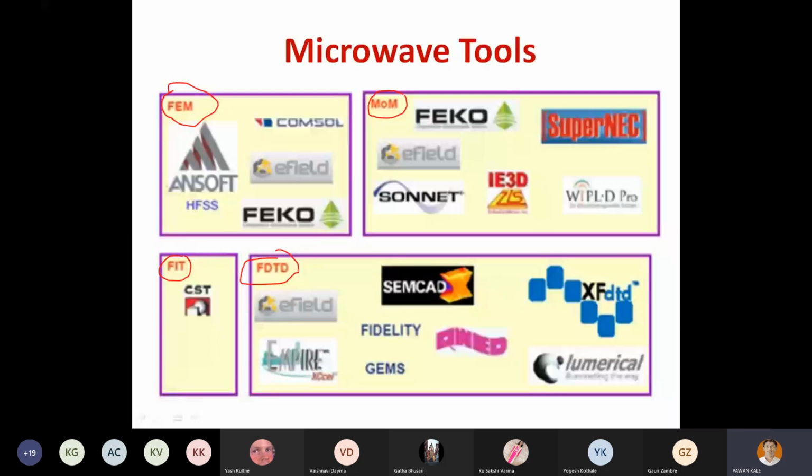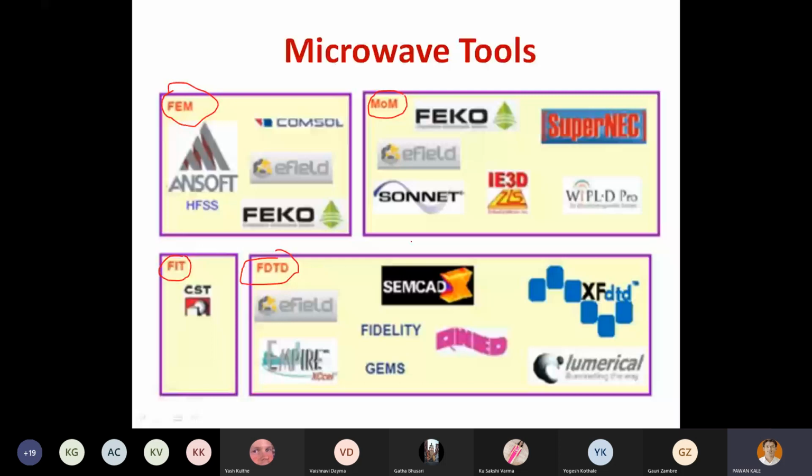These are software which use FDTD as a computational method. All these techniques are useful for RF circuit design simulation. I am telling you these because they are the alternatives to ADS.